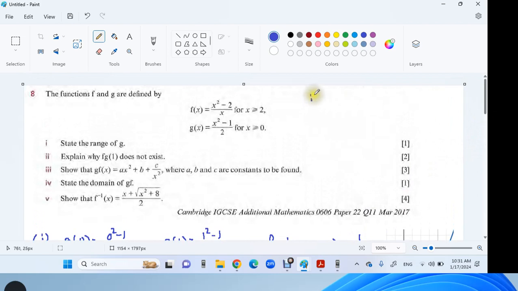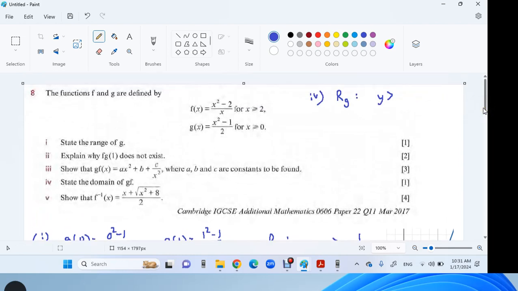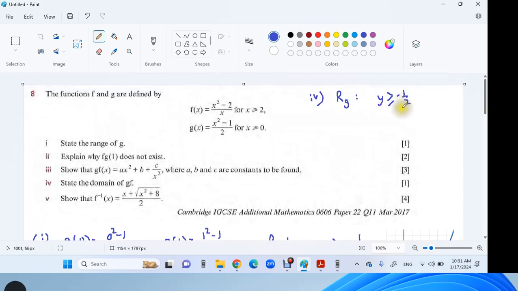So the range for g is y greater than or equal to negative half. When we have fg(x), the inside here is greater than negative 1 over 2, and for f it is greater than or equal to 2.